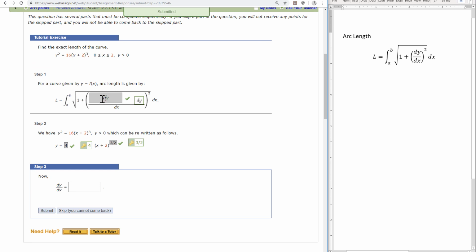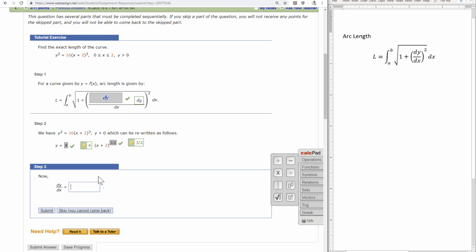And so now we want to take the derivative of that because that's what the formula says. And so the derivative of this is going to be 4 times 3 over 2. So that's going to cancel the 2 and the 4, and that would give us 6 as a constant. And then we have x plus 2.